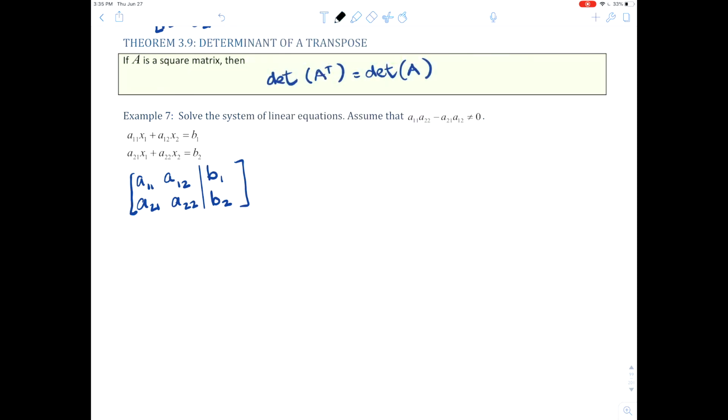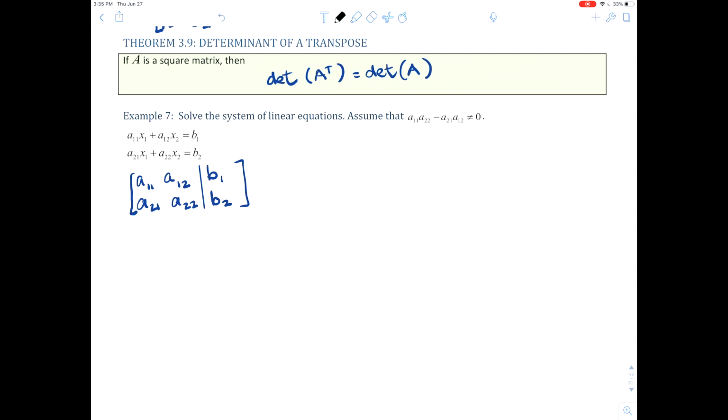Now, we want to get a 0 in the second row, first column.